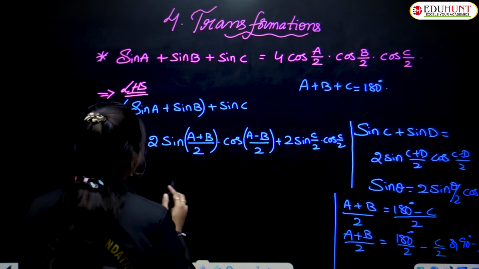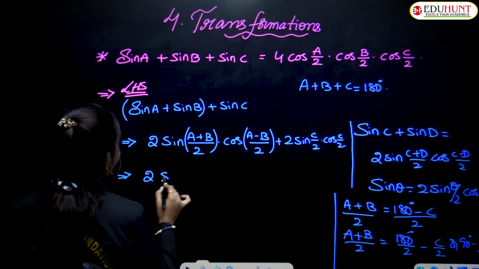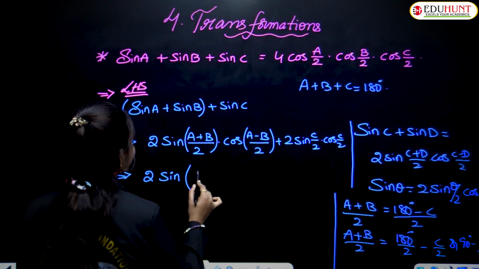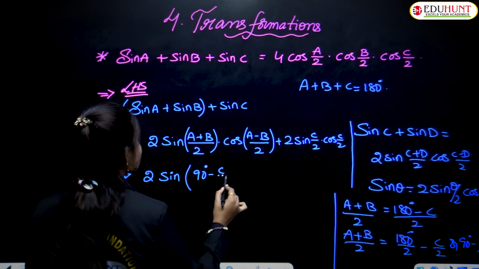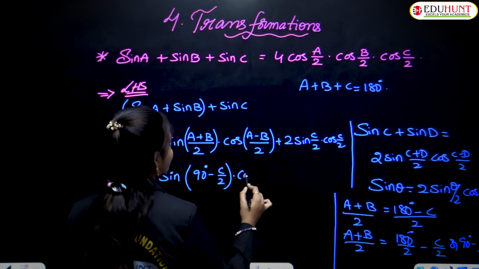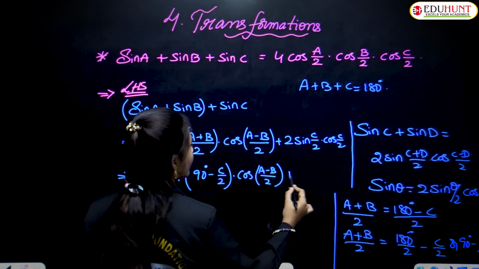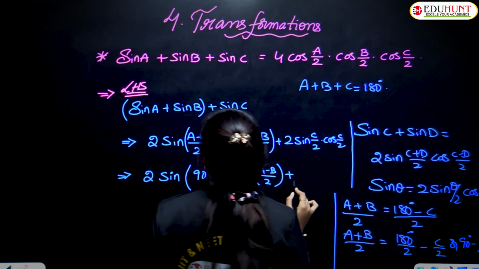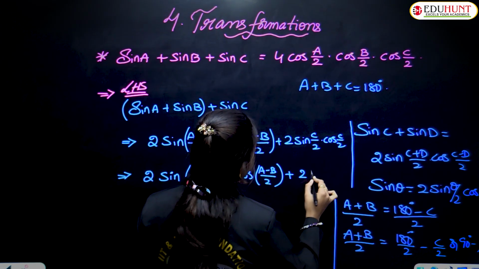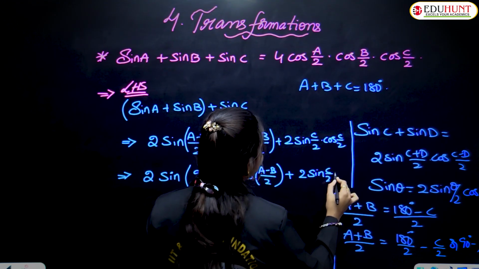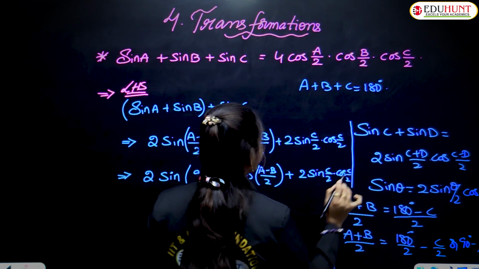So here, 2 sin of (90 degrees minus C by 2) into cos of (A minus B) by 2, plus 2 sin C by 2 cos C by 2.